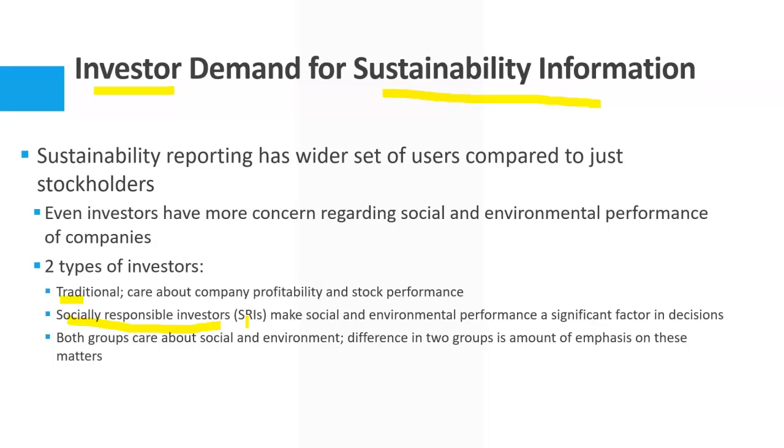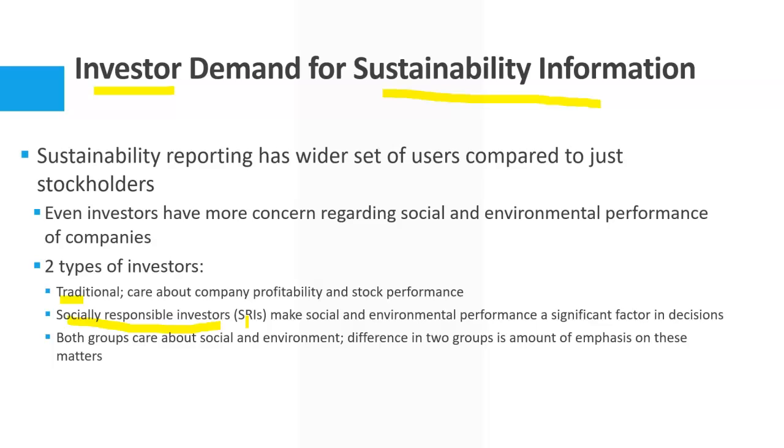When we divide this into two, who is the traditional investor? The traditional investor is the person who focuses on a company's profitability and stock performance, while the SRI is the investor who makes social and environmental performance a significant factor in their decision.